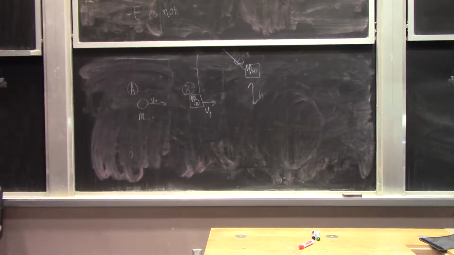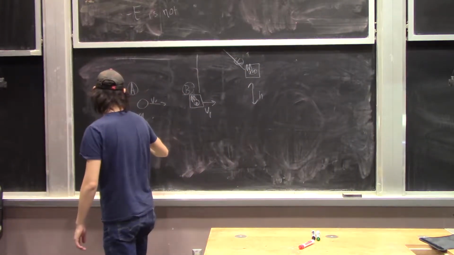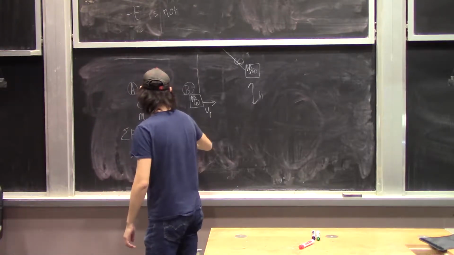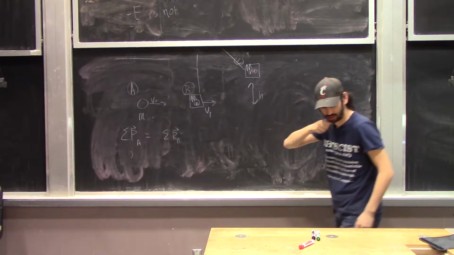Now, between state A and state B, we know that momentum is going to be conserved. So the momentum in state A is going to be equal to the momentum in state B. In general, these are vectors, but this is happening only in one dimension here.